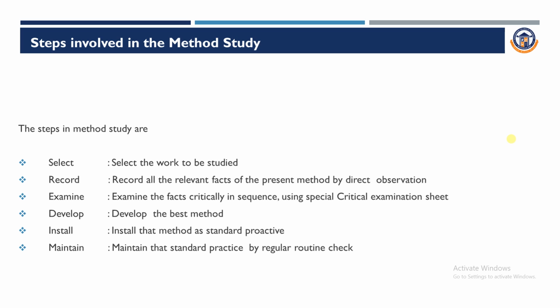Once the recording is done, examine the facts critically in sequence using a special critical examination sheet. Based on the examination, develop the best method. Once the best method is developed, install that method as a standard practice, and then maintain the standard practice by regular routine checks.